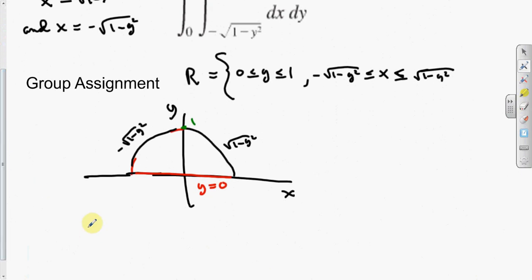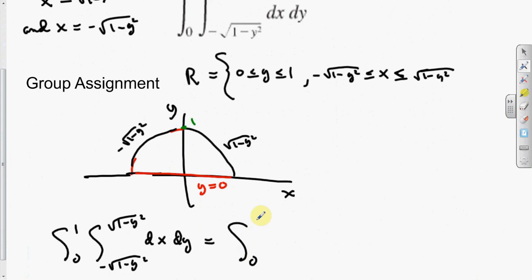So we're going to integrate the way they give it to us first. 0 to 1, integrate from negative the square root of 1 minus y squared to the square root of 1 minus y squared, and this is dx dy.